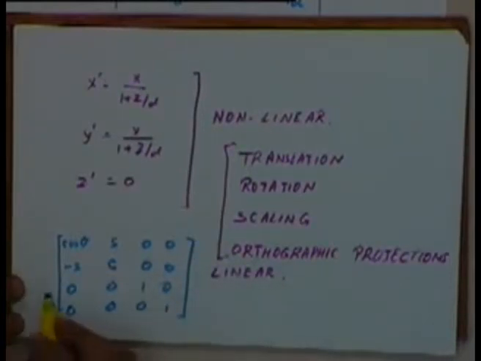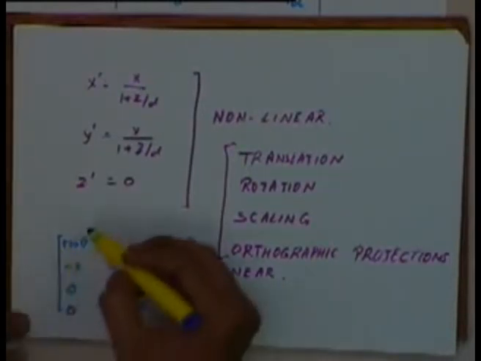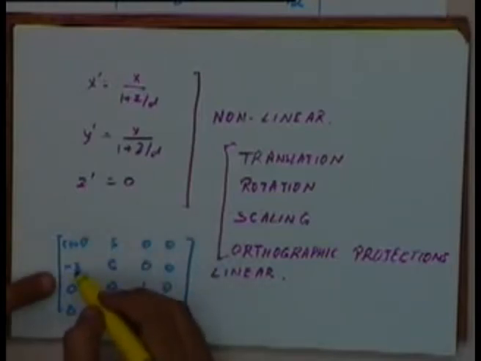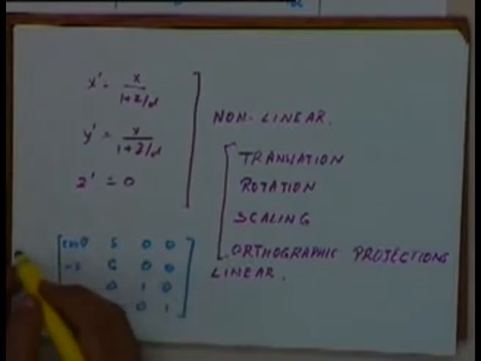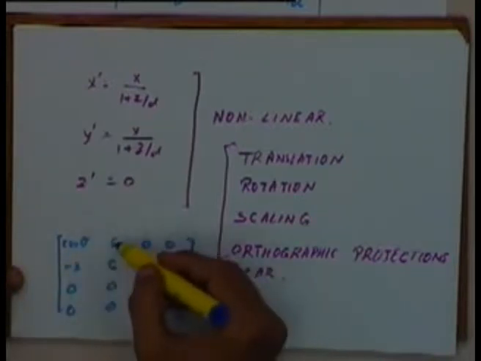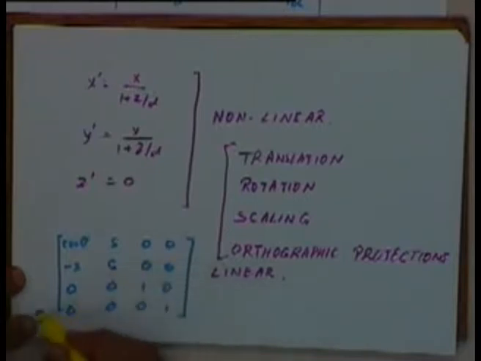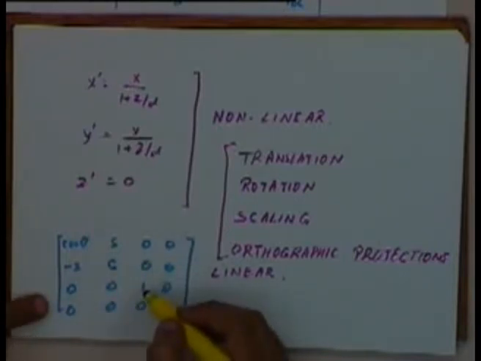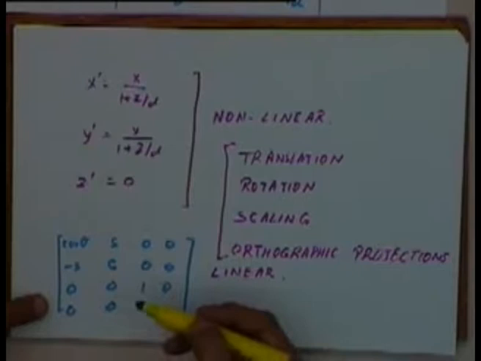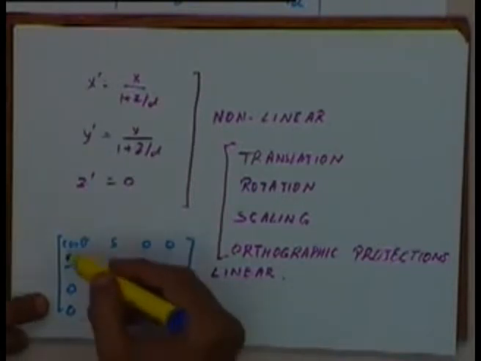Okay, in this the value of x prime is x cos theta minus y sin theta, that is a linear combination of x and y. Similarly, the value of y prime was x sin theta plus y cos theta, that is again a linear combination of x and y. z prime in this case was equal to z. So all x prime, y prime and z prime were linear combinations of x, y and z.